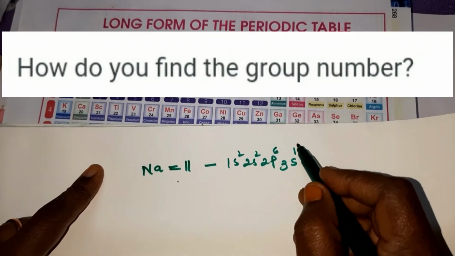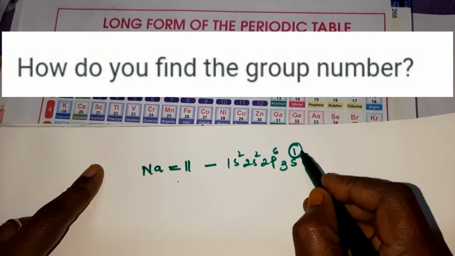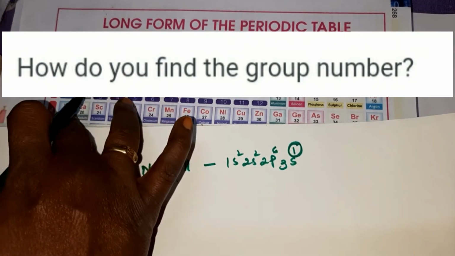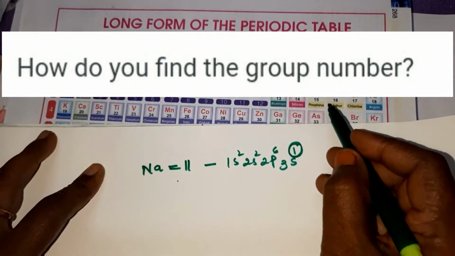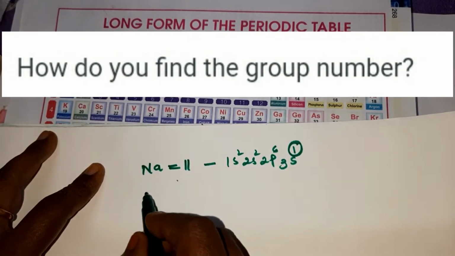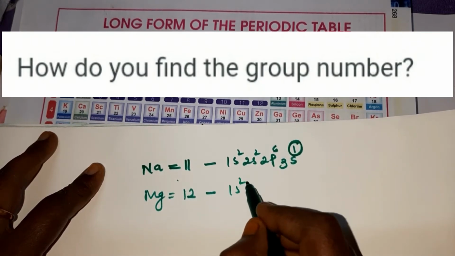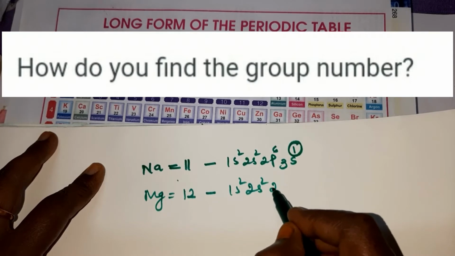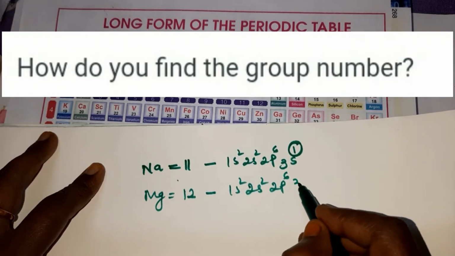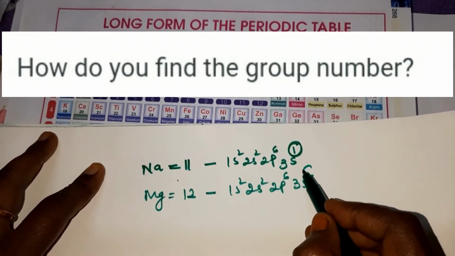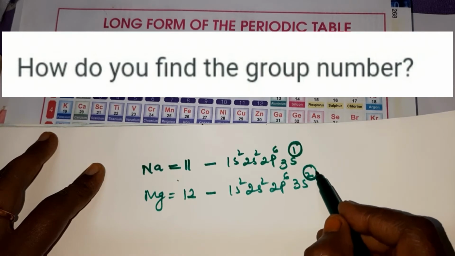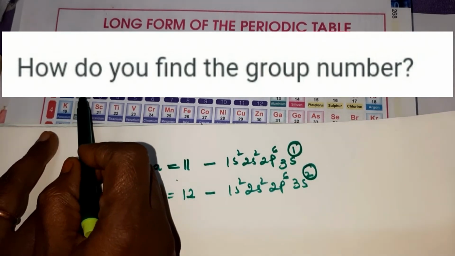You can see 1 electron is found in the outermost shell, therefore it belongs to first group, children. And like that, magnesium, atomic number 12: 1s2, 2s2, 2p6, 3s2. It has 2 electrons in the outermost shell, therefore it belongs to second group.